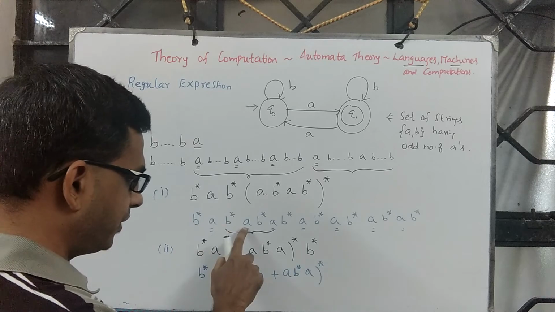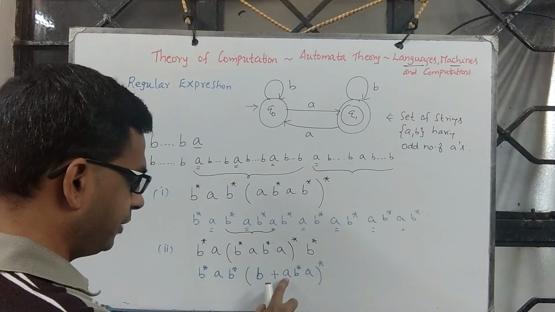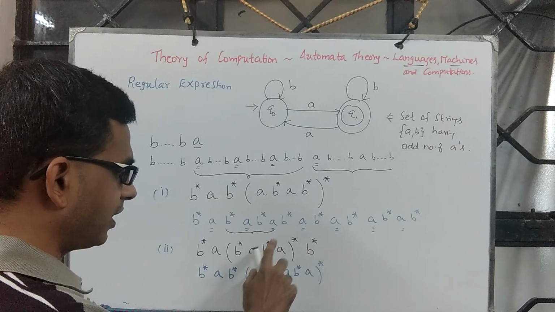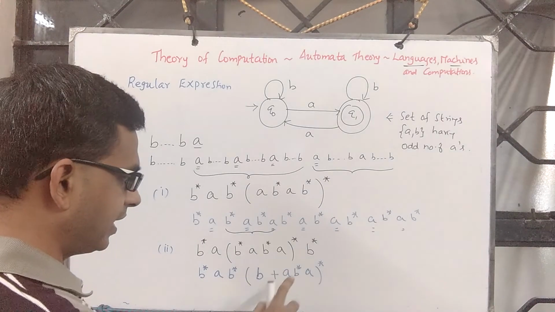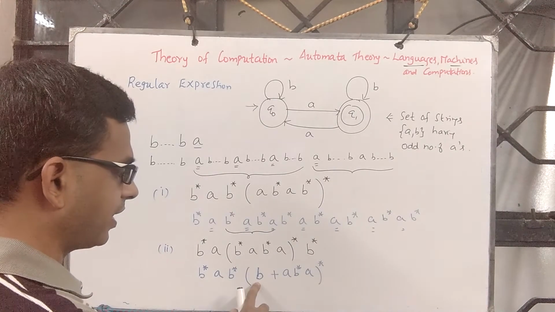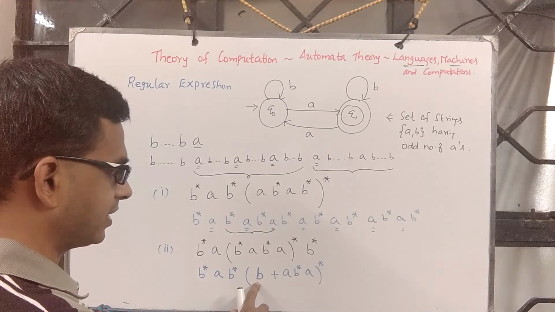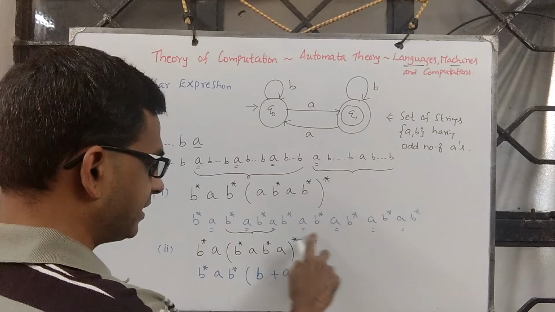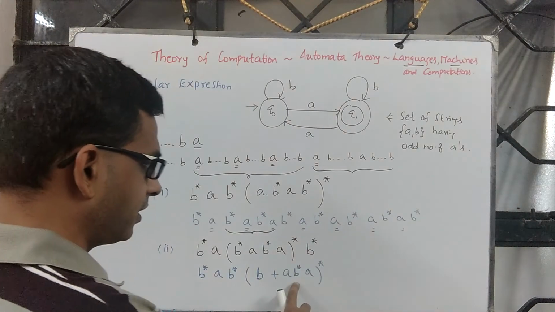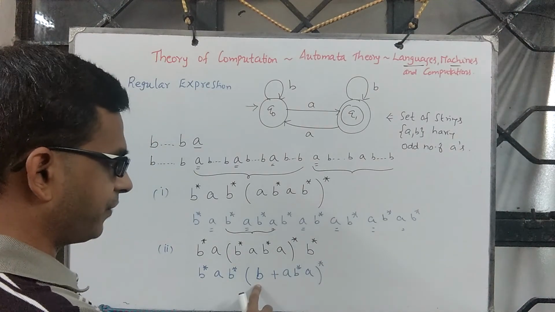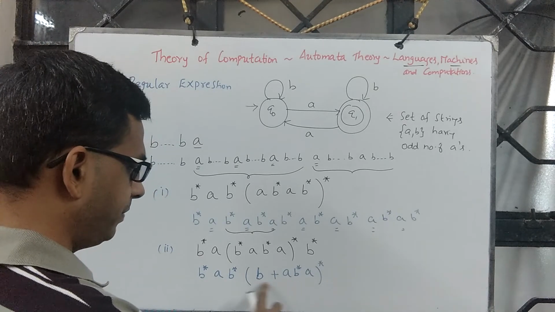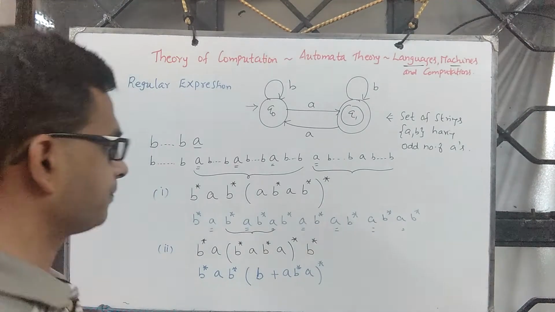Now you want A, B star A, then you take A, B star A from this. Then you need B star, yes, take B star from this. And then again you need A, B star A, take from this. You need B star, you take from this. Then A, B star A, take from this. You need B star, you take from this.